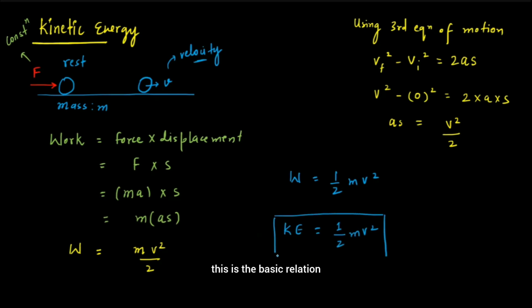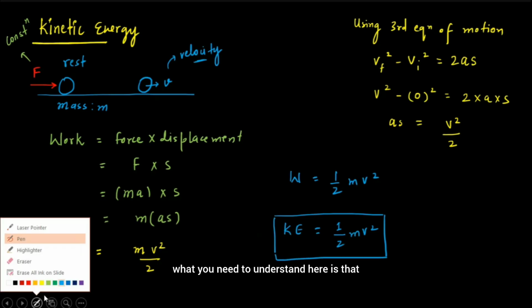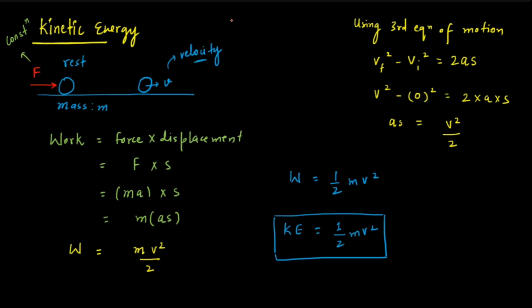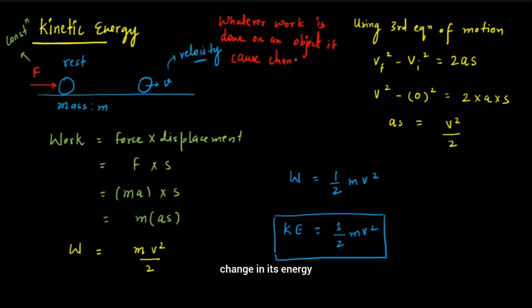So this is the basic, generalized relation for kinetic energy. What you need to understand here is that whatever work is done on an object causes a change in its energy.